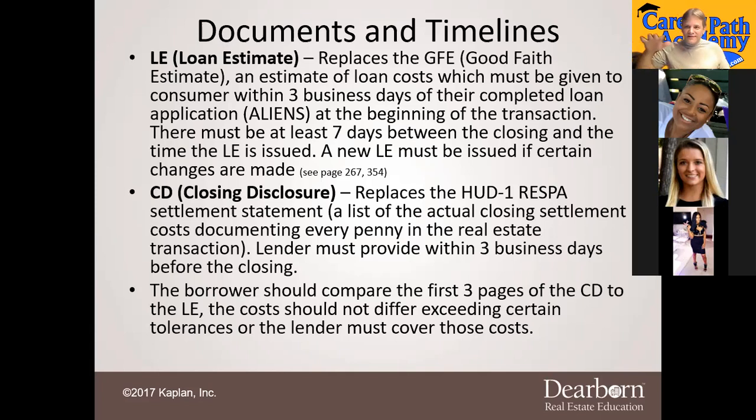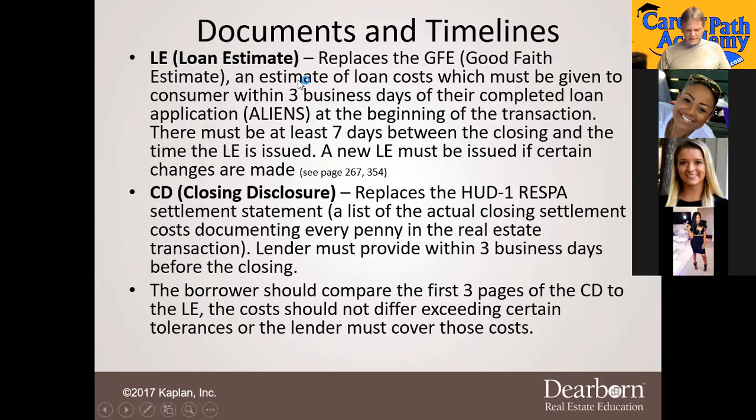Now, so next to loan estimate, what are we going to write there again? Replaces the GFE, good faith estimate. And next to closing disclosure, you're going to write CD above it, and above loan estimate, you wrote LE.